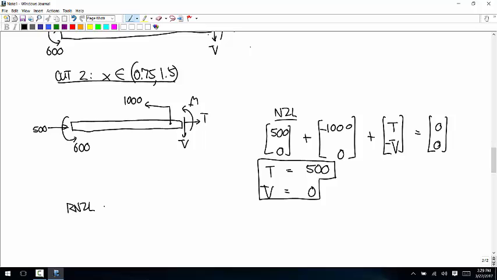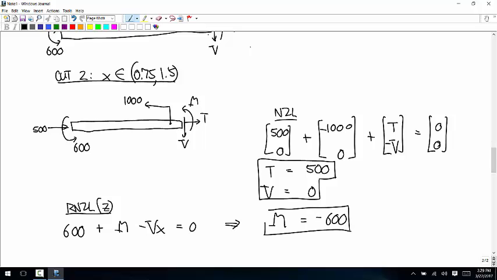And then the moment equation about the z-axis, we have 600 plus M minus Vx equals 0. So M is equal to negative 600. And these are valid for x between 0.75 and 1.5.